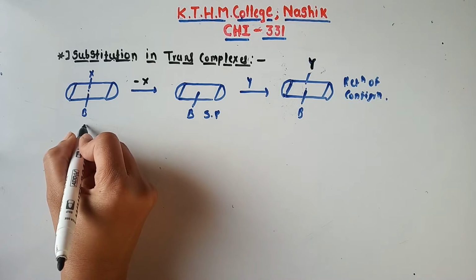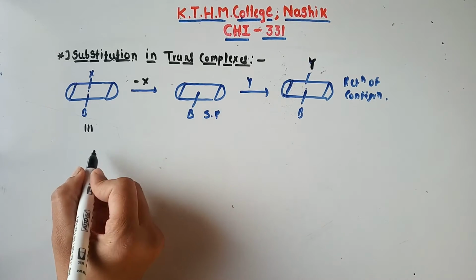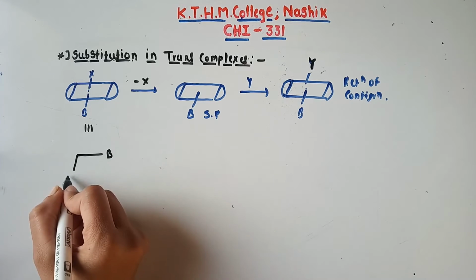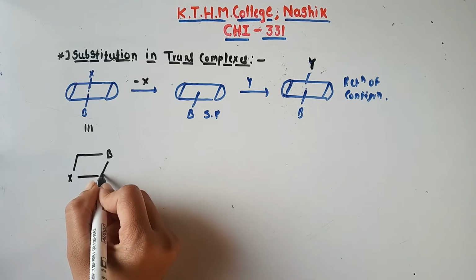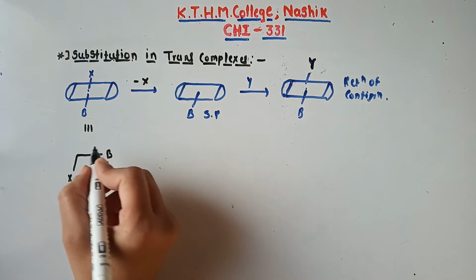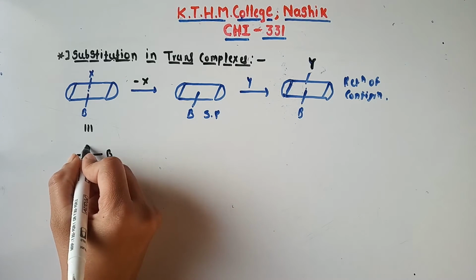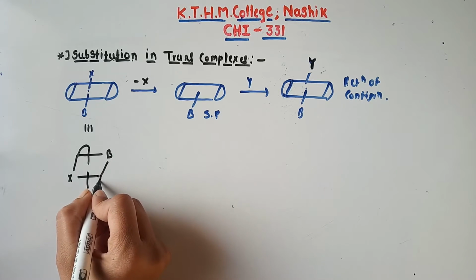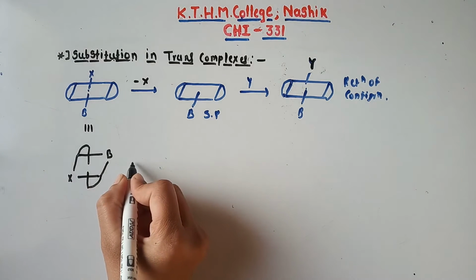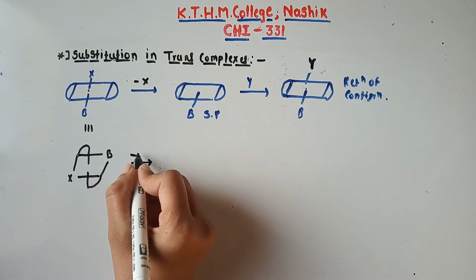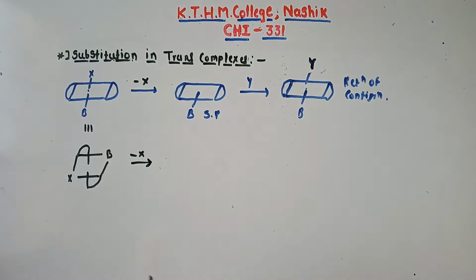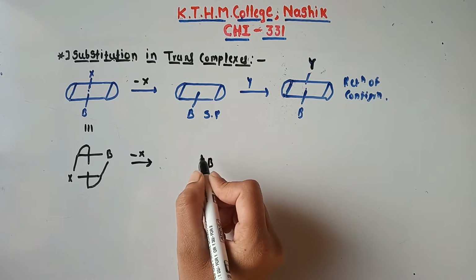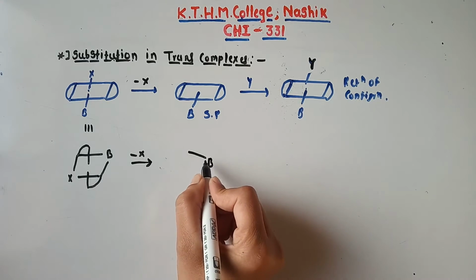If you draw your complex like this, this is also a trans one. So if we draw a trans complex like this, and if X is dissociated from this complex, we get a trigonal bipyramidal intermediate.